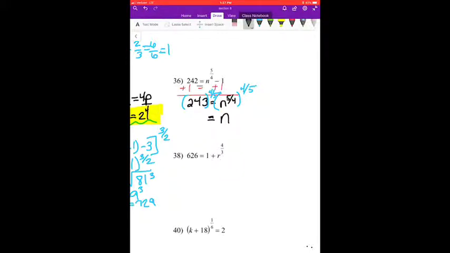And then 243 raised to the 4/5, that would be the 5th root of 243 raised to the 4th. So let me see. 243, the 5th root is 3. And then 3 raised to the 4th power is 81.